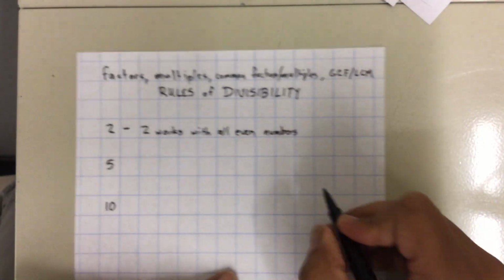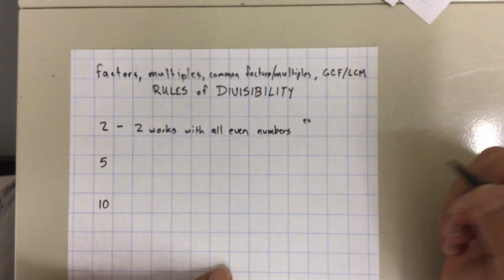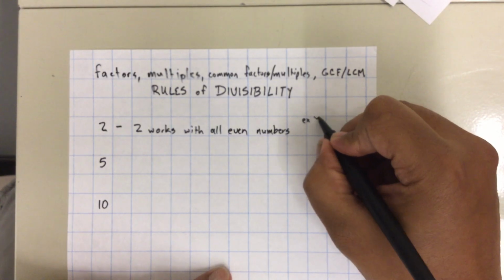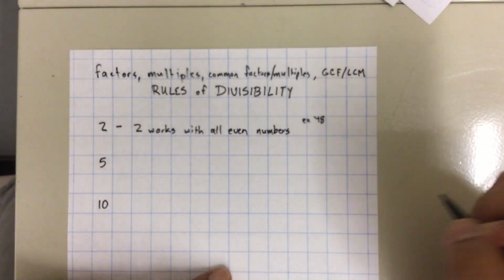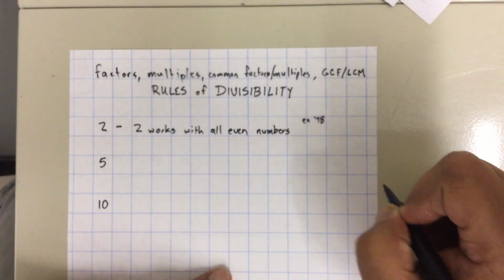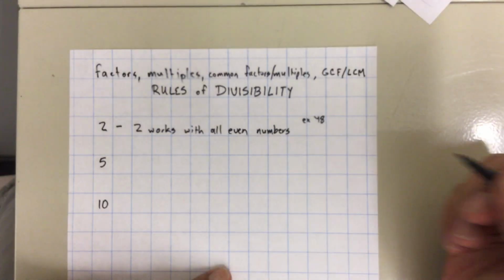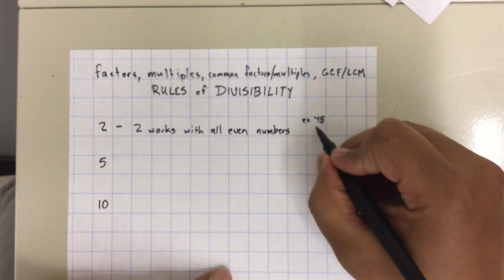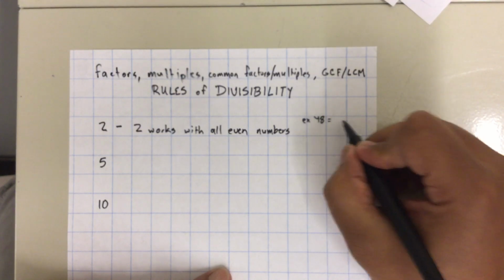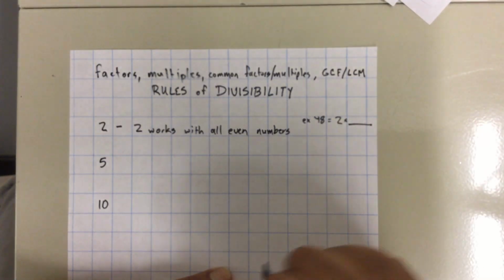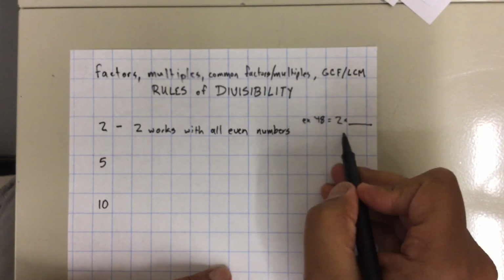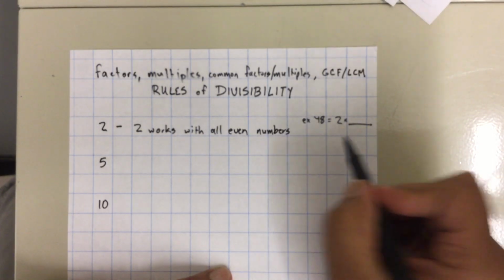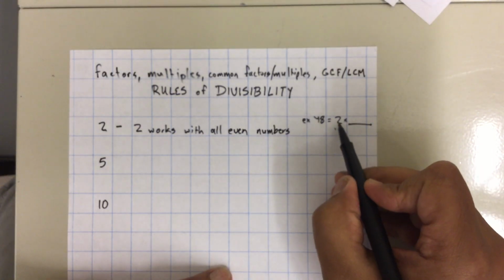And our example here is simply, let's say we had a number like 48, something bigger than what most kids know their math facts for. You'd look at the 48, say, hey, that's even, therefore 48 is going to work with a 2 times something. And then you can use any trick you want, any process you want to figure out the other factor.